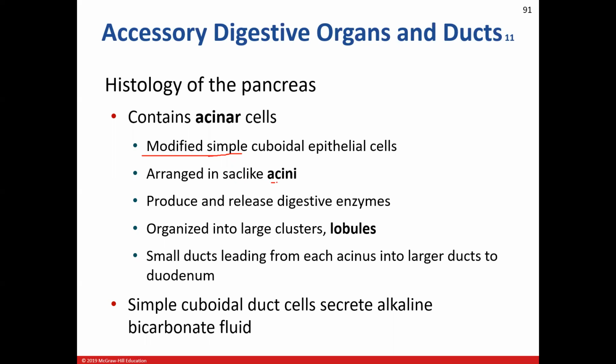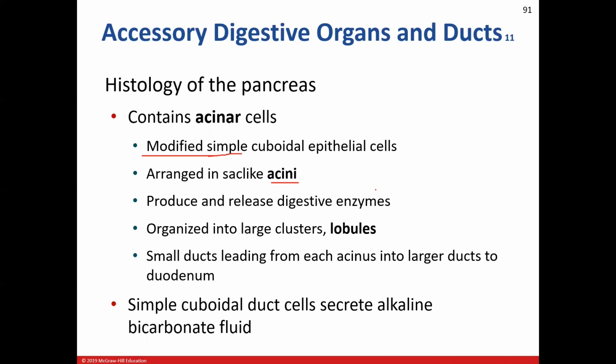When you hear the term acini, we saw it before when we were talking about respiratory physiology, and we actually talked about the makeup of certain glands. We heard the term first, acini. So think of grape-like structures, or sacs. And it's these sacs that are going to produce the digestive enzymes.